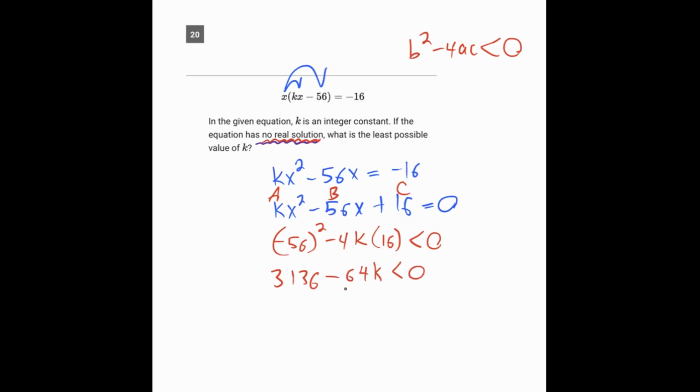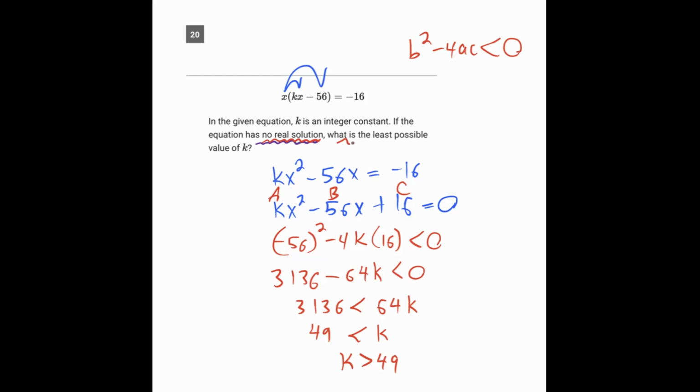Now we can add 64k to both sides. 3,136 less than 64k, and then divide by 64, and we'll get k on this side and 49 on this side. Now we can reverse it. K is greater than 49.